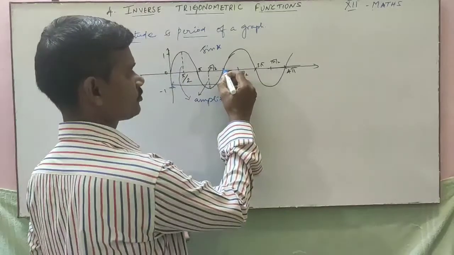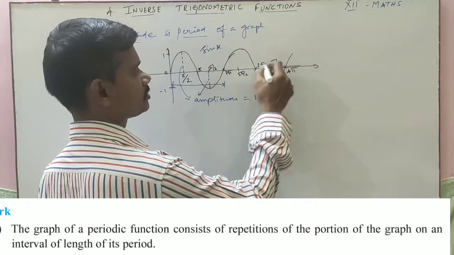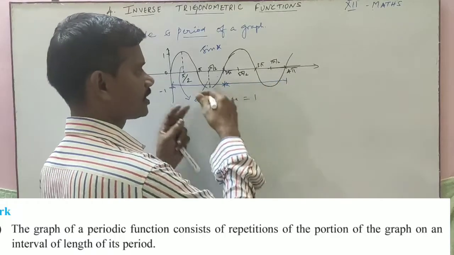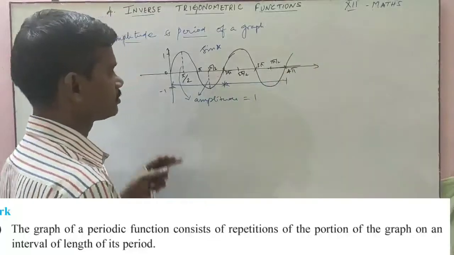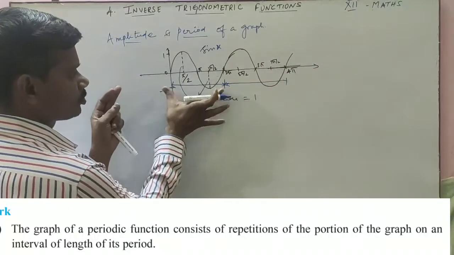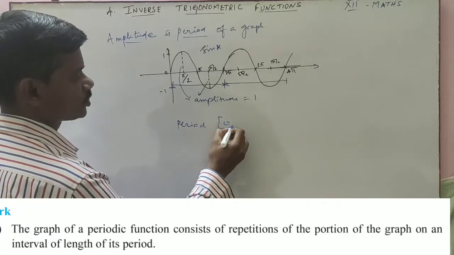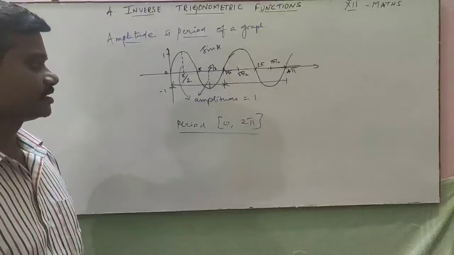Again if we start from 2 pi to 4 pi, again we get one cycle. So for every one period we have 2 pi. So period is equal to 0 to 2 pi. This is the period of sin x.